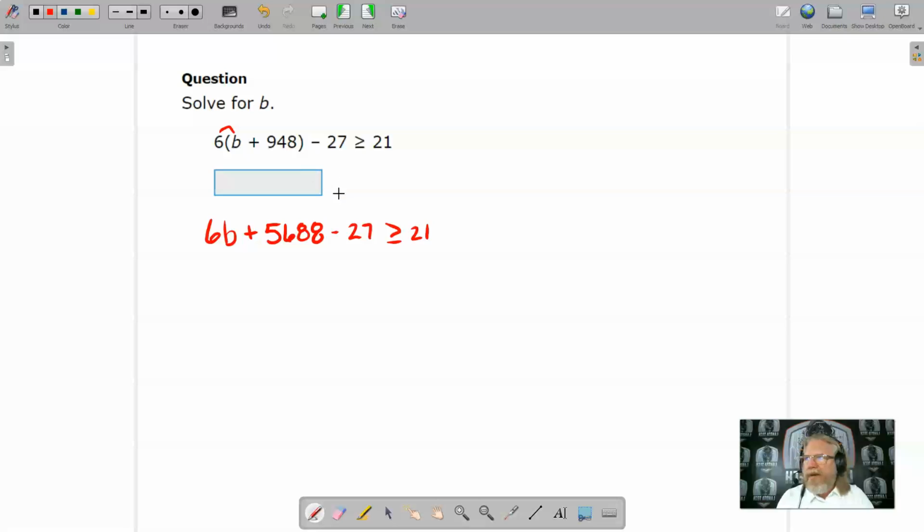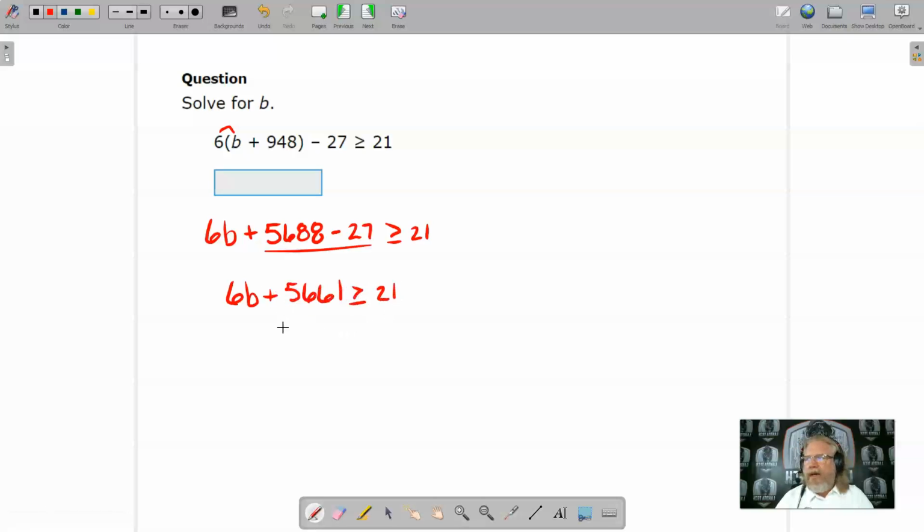Now you might be saying, why did I make that plus a minus? I could do that, but I've already got 5,688 in my calculator. So now I can just hit the minus 27, and that's going to give me, I'll have the 6b, bring down that 6b, and that's going to give me plus 5,661 is less than or equal to 21.